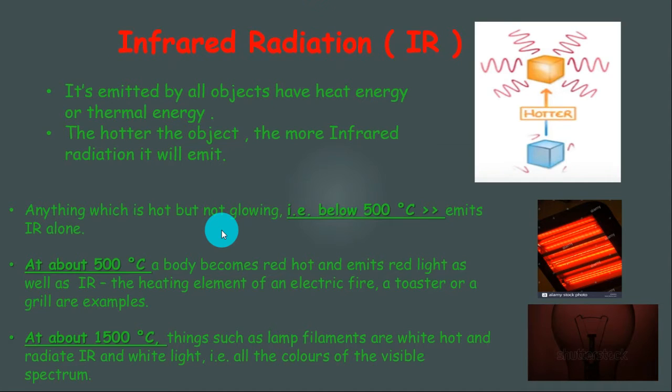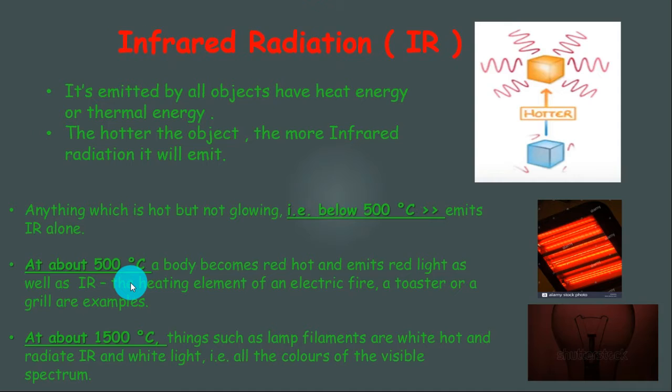At about 500 degrees Celsius, for example the heating element of an electric fire or toaster, with temperatures of 500, 600, 700 and more, what do we have? It's not only emitting infrared radiation, but also red light. It emits red light, and that's what we see with our own eyes. Red light from the visible light and infrared at the same time, both of them.